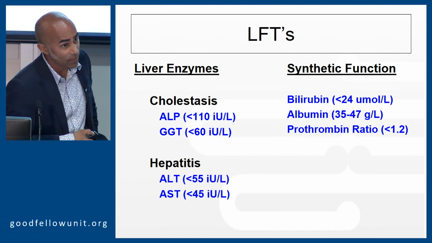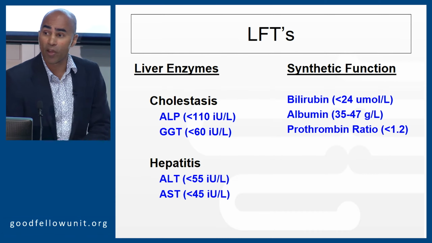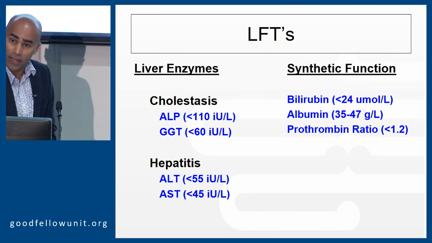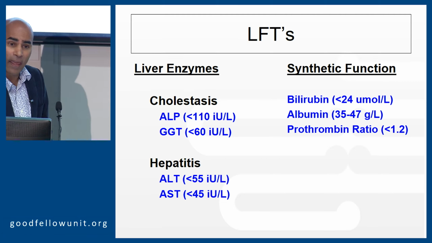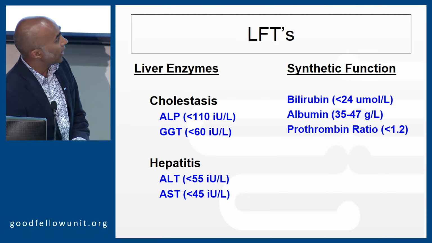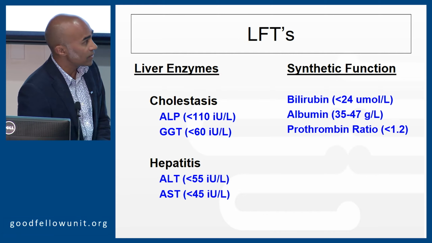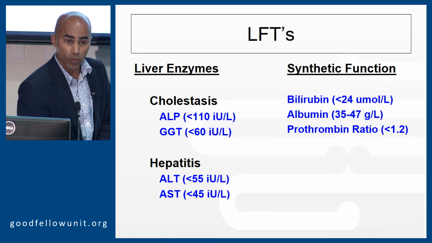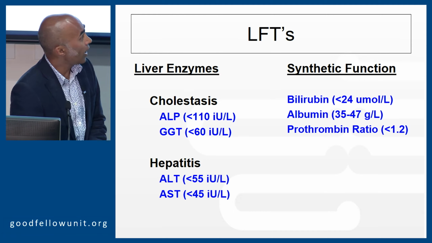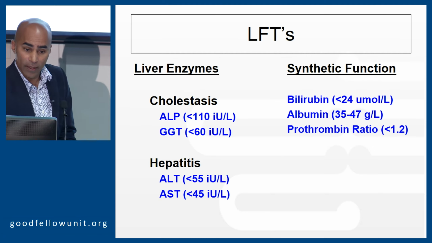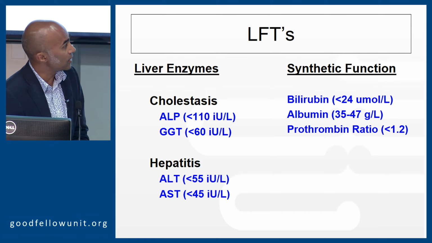So as we've mentioned in some of those cases, we try to divide the liver function tests up and try to make it easy for ourselves by looking at cholestatic derangement of liver function tests and hepatic derangement as well. So we look at the ALP, the GGT for cholestasis, and the ALT and the AST for hepatic or transaminases. Looking at the synthetic function, we look at the bilirubin, the albumin, and the INR as well to see what's going on.